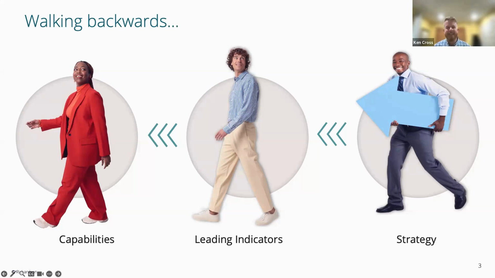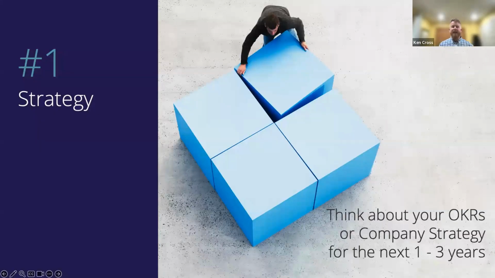So let's dig a little deeper for everyone. Throughout this whole process, we're going to begin by understanding your organization's strategy. If you already have OKRs in place, that's a great place to start. If not, think about the goals that you've set for your team or organization over the next 1 to 3 years.